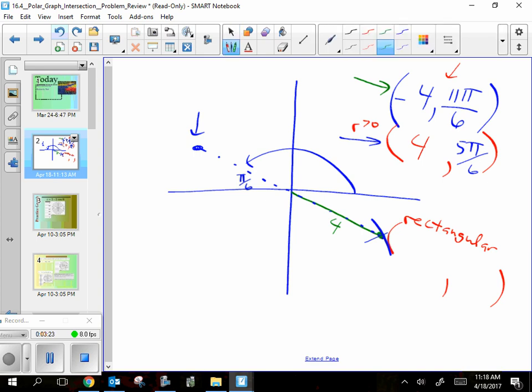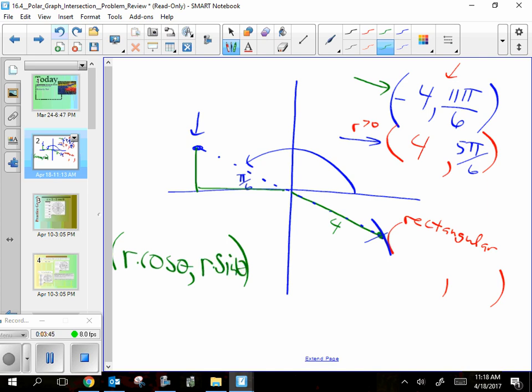All right, now we're talking about the rectangular. The rectangular is the x's and y's. Now, you can do this. I think it actually isn't much faster to know this fact, but it's important, especially when we do conversions, that you know x is the same as what? r cosine theta. And what's y the same as? r sine theta.